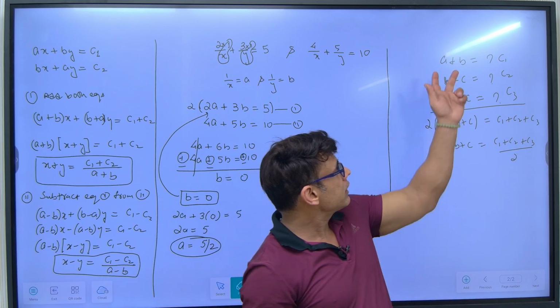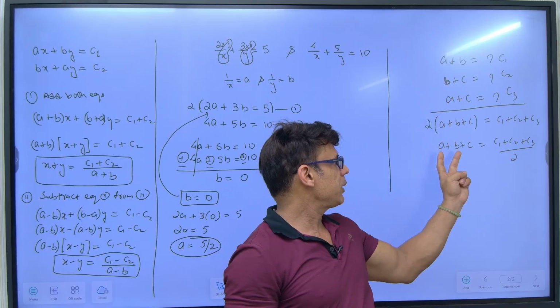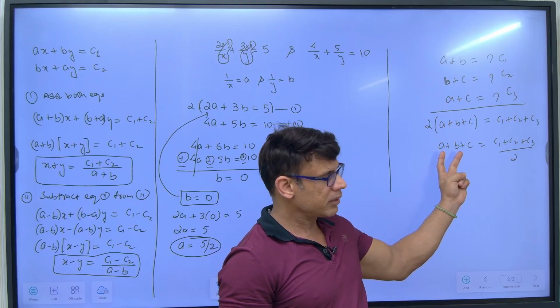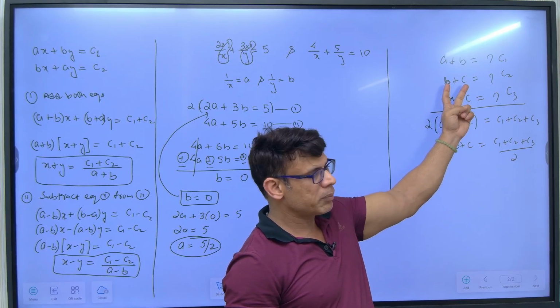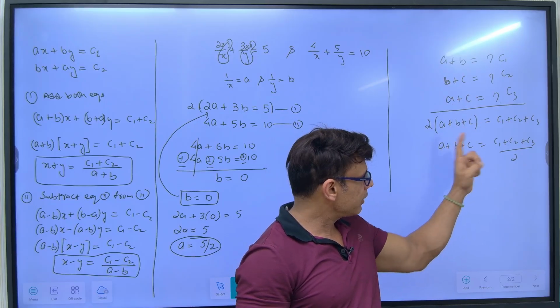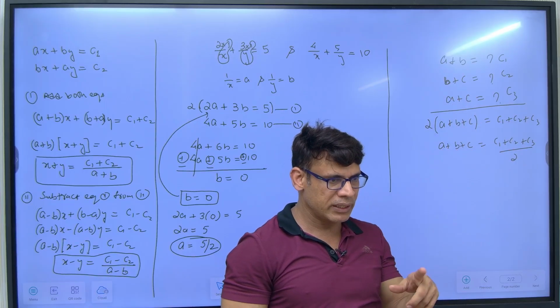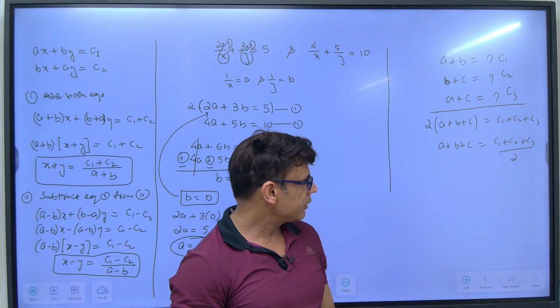Now, do you know what is A plus B? So, in place of A plus B, you put that particular number, and you will get the value of C or not. Do you know B plus C? So, in place of B plus C, put that number and take it to the other side. So, you will get individual values. We'll do questions on this, you'll understand.